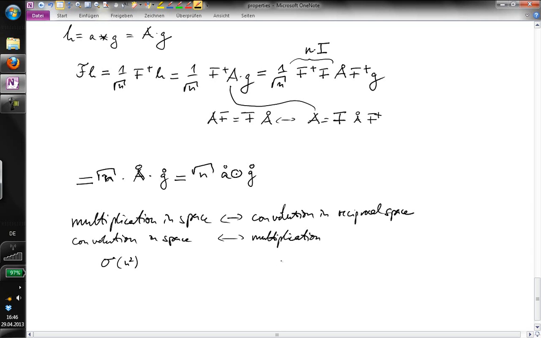Whereas the pure multiplication is just O of n, but we have to pay the price of going to this other domain, which with the fast Fourier transform is n log n. So instead of a naive O(n squared) implementation of convolution, we can Fourier transform both signals, multiply them in reciprocal domain, and then inverse transform them at another cost of n log n to get the identical result.